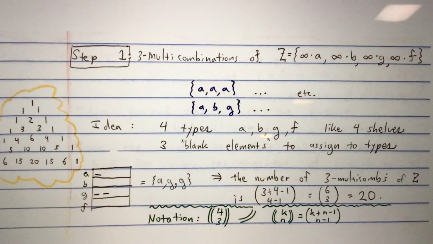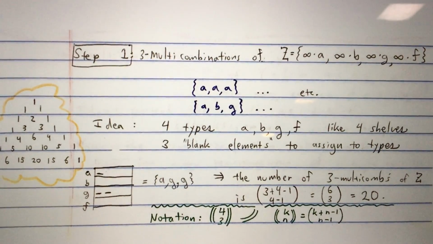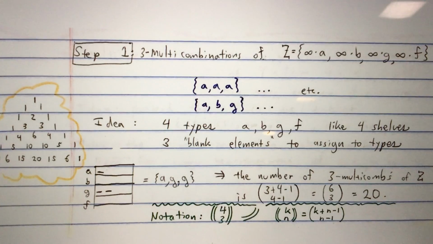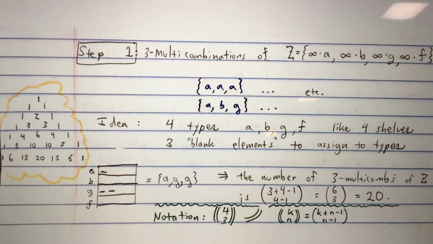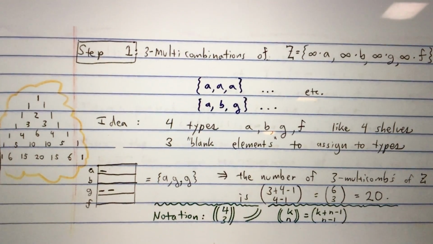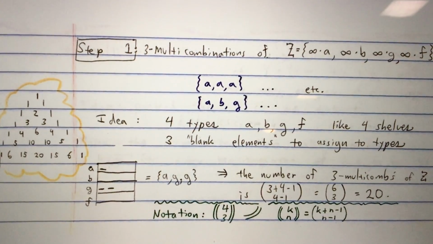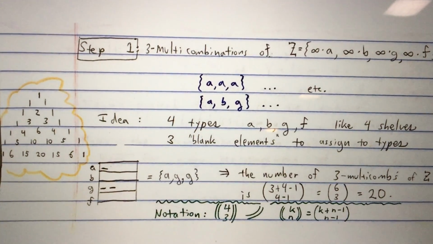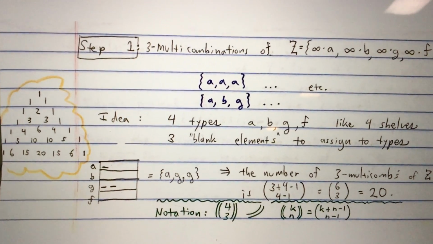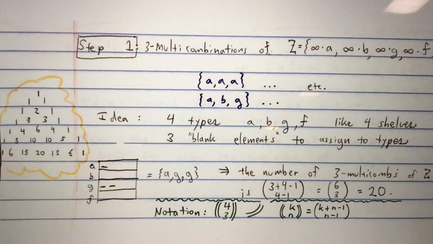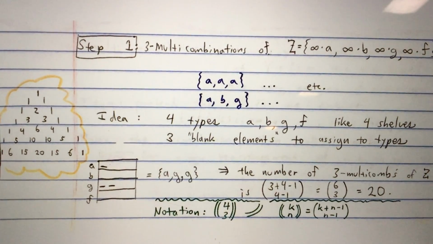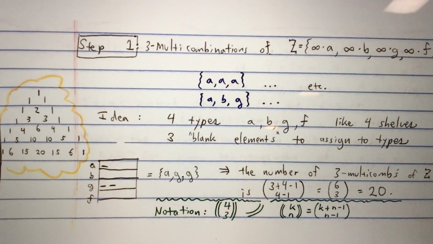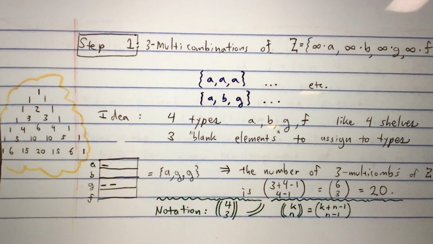So if we want 3 multi-combinations there, we're allowed to basically have as many of anything as we want, up to 3, of course, because it's a size 3 multi-combination. We have 3 A's, and we still have all the old ones. So the idea is to count all of them and subtract off the ones that we couldn't make with our set X.